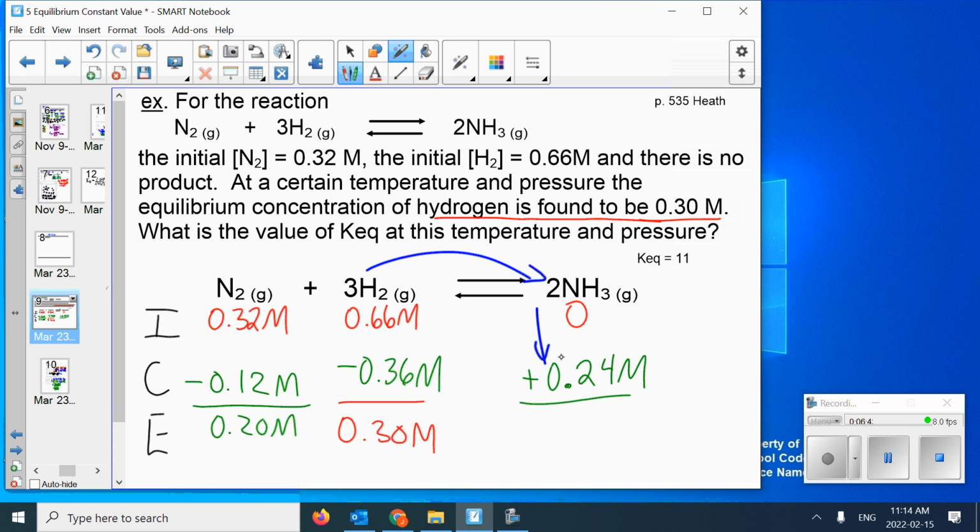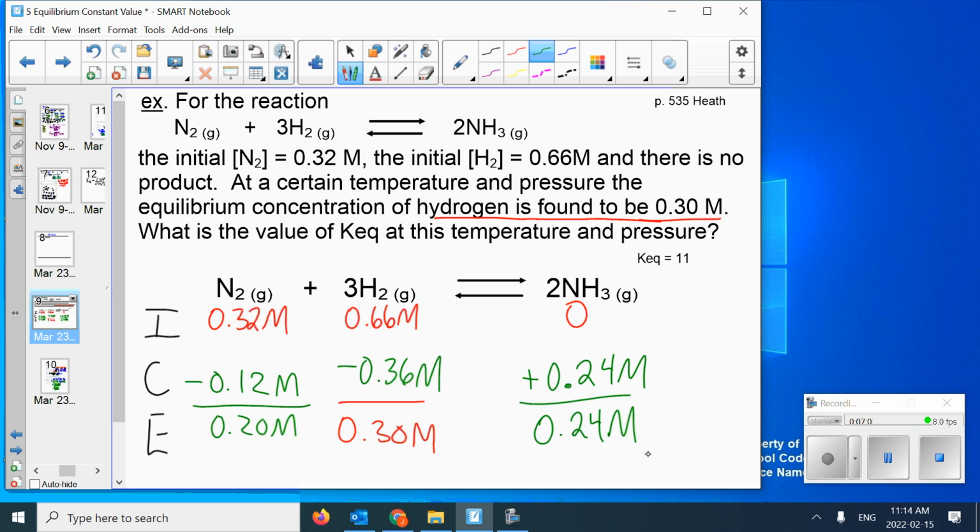I've already divided by 3 to get this one, so if you have a 1 involved, use that to do all your comparisons. It's simple: the left side's going down, the right side's going up. 0.24 plus 0 is my change in this column, so it's 0.24.